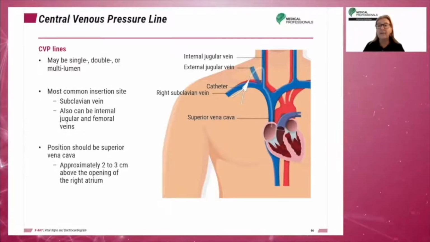The most common site for insertion is the subclavian vein, but it can also be inserted in the internal jugular and femoral veins. Whatever the insertion point, the tip is advanced to the superior vena cava. The final position should be approximately 2 to 3 centimeters above the opening of the right atrium.